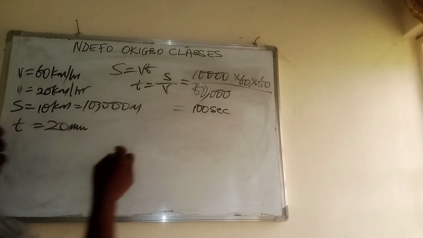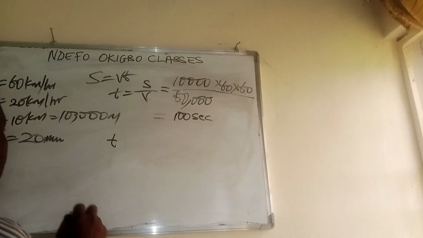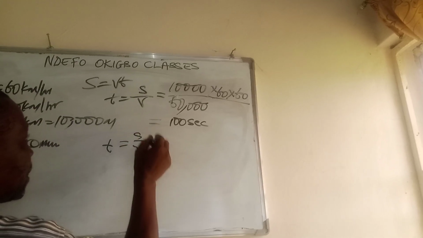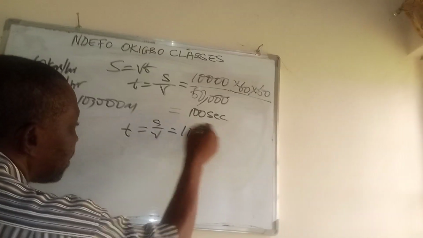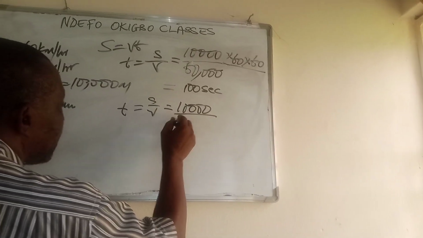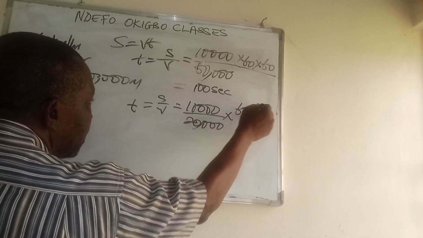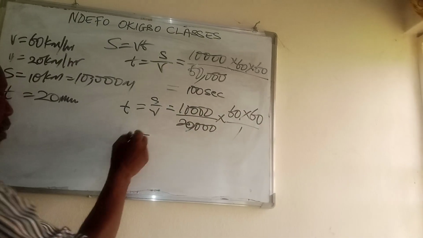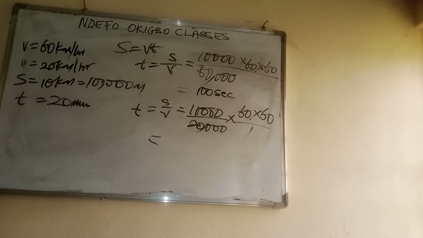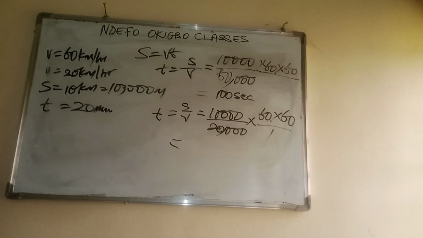For the same distance of 10 kilometers, the time of coming back is S over V, which is 10,000 over 20,000 divided by 60 times 60 meters per second. So the time of coming back with the load of sand was 1,800 seconds.